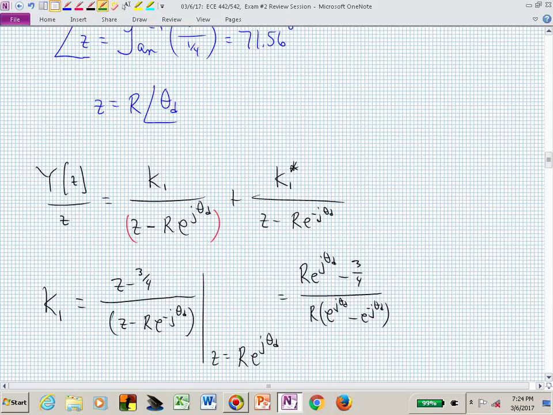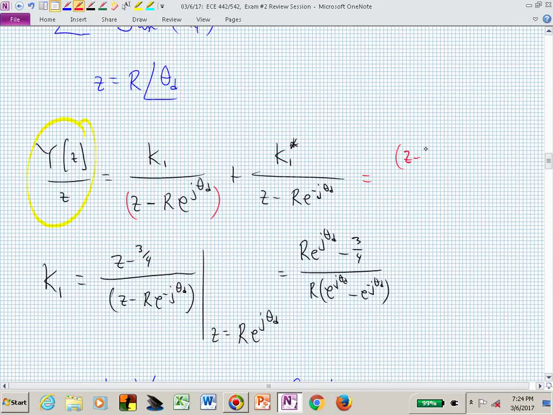Is it clear that I've now put this Y of z over z, and that's now equal to this, what's left over, which was z minus 3/4 over z minus r e to the j theta sub d, z minus r e to the minus j theta sub d.